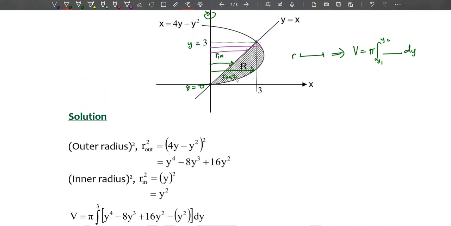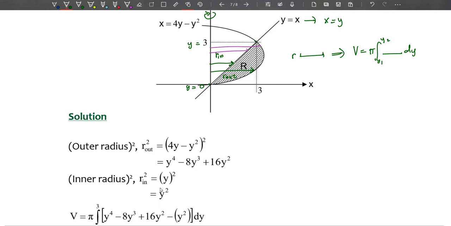Next, the outer radius. This is the curve, which is the outer radius. That's why we have R out squared equal to 4y minus y squared, which is this expansion. And the inner radius is y equal to x, which means if we let x be the subject, it will be x equal to y. Therefore, we have y squared.